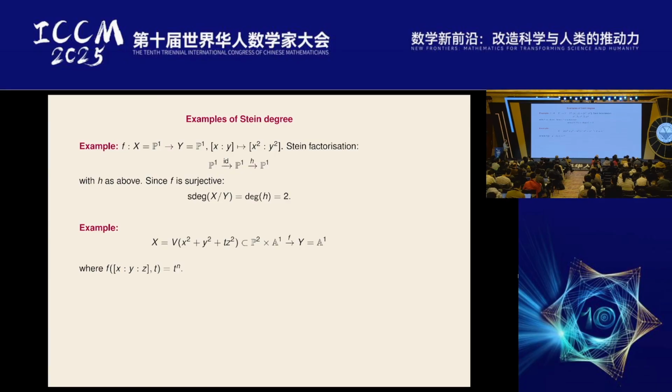Then we can see that, unless n is equal to 1, the general fibers of X to Y are not connected. They have different connected components, and therefore you should get something non-trivial here. And in fact, if we do the Stein factorization, then we see that the finite map has exactly degree n, and therefore the Stein degree of X over Y becomes precisely n.